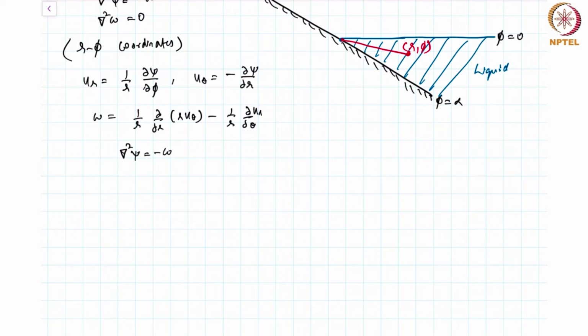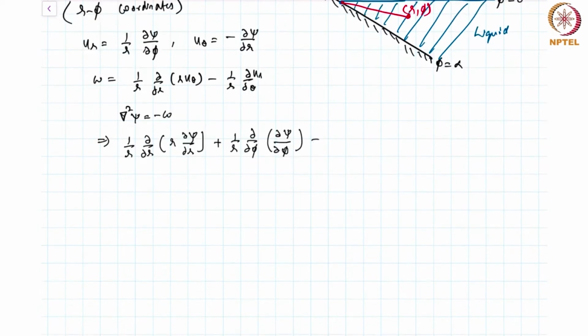But more importantly, what you get is 1/r ∂/∂r of (r ∂ψ/∂r) plus 1/r ∂/∂φ of (∂ψ/∂φ) minus ω, and this is the expression for this. And similarly, this is ∇²ψ is minus ω.